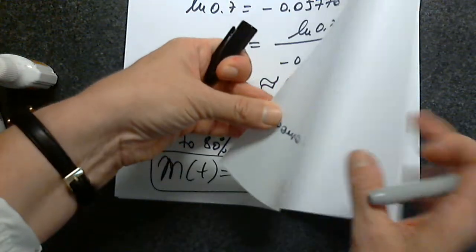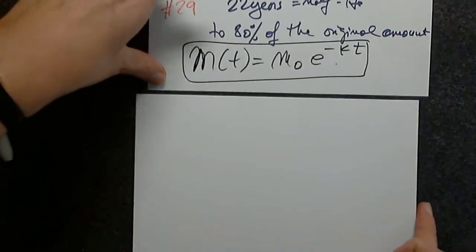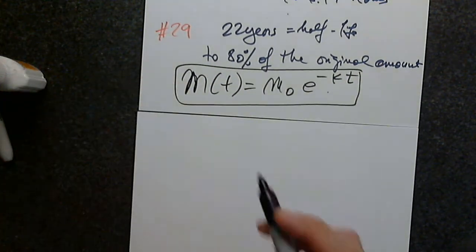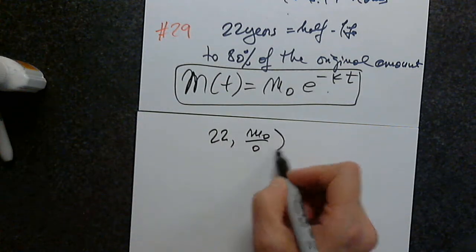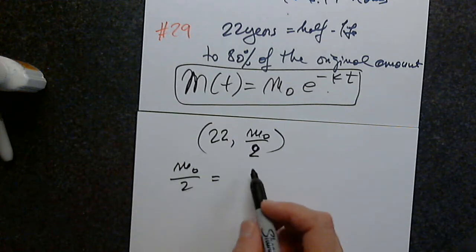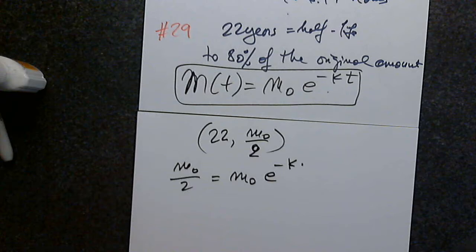So then, how do I start? Yes, so 22 years, M0 divided by 2. So M0 divided by 2 equals M0 times e to the negative K multiplied by 22.